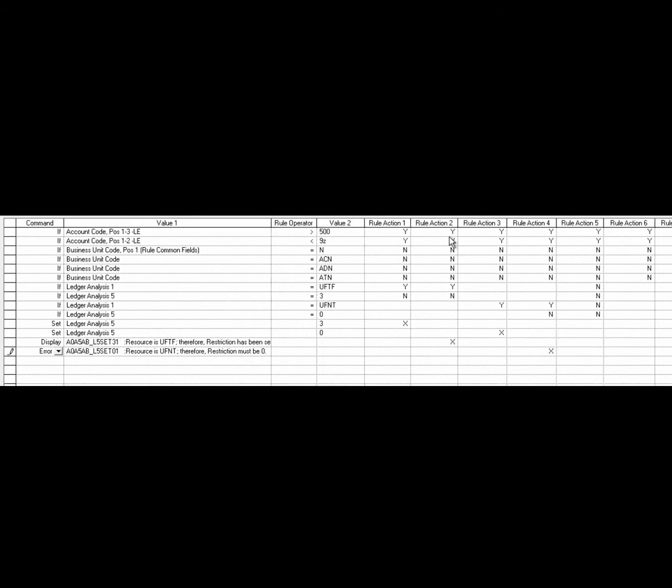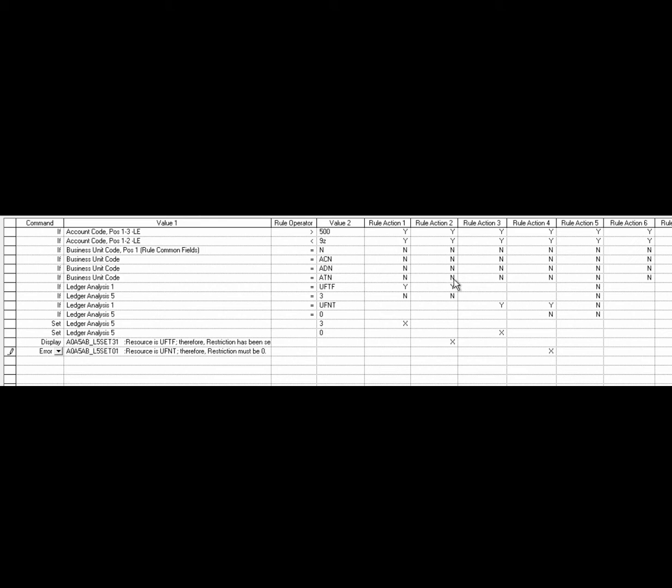Let's go through the rules here. This is saying if the account is greater than 500, that would be revenue and expense accounts, it's less than 9Z. This is an interesting group of conditional statements here. These are all no. There are equal signs there and no there. So this column is saying they're not equal to N, it's not equal to ACN, it's not equal to ADN, it's not ATN.